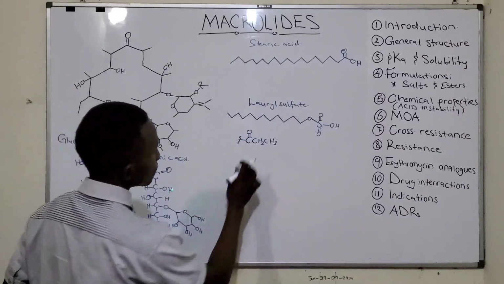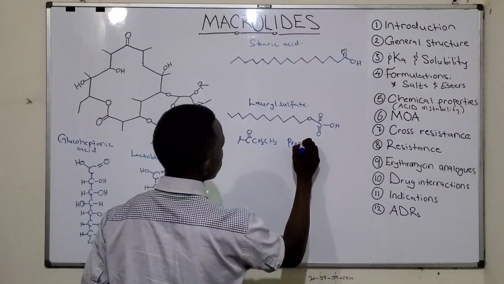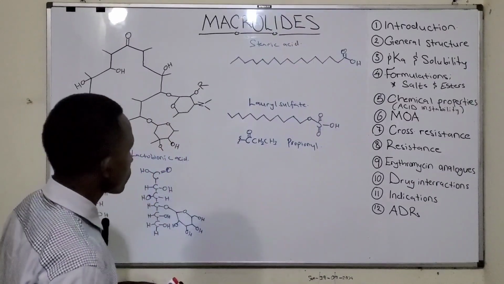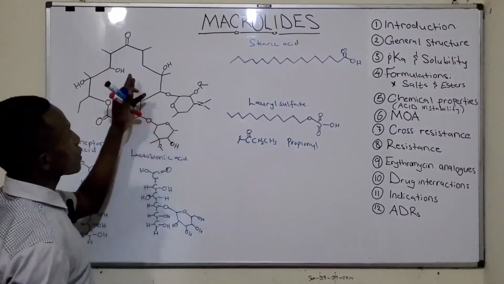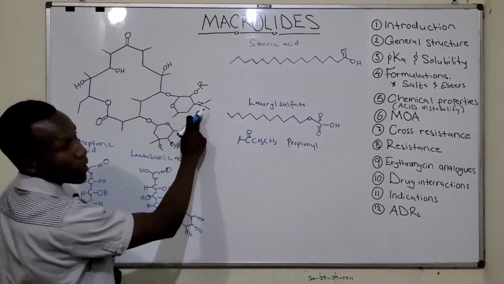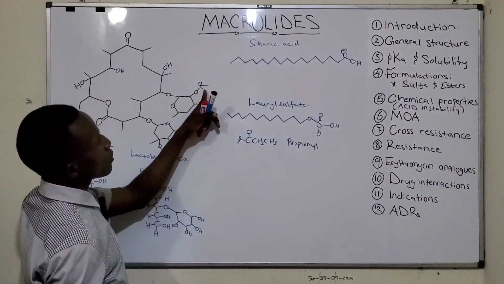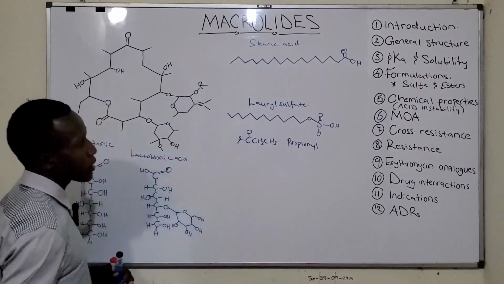We also have the propionyl group. We said that erythromycin is insoluble in water because of this part, the amino group. And this R group can be modified and we put an alkyl group to make esters.